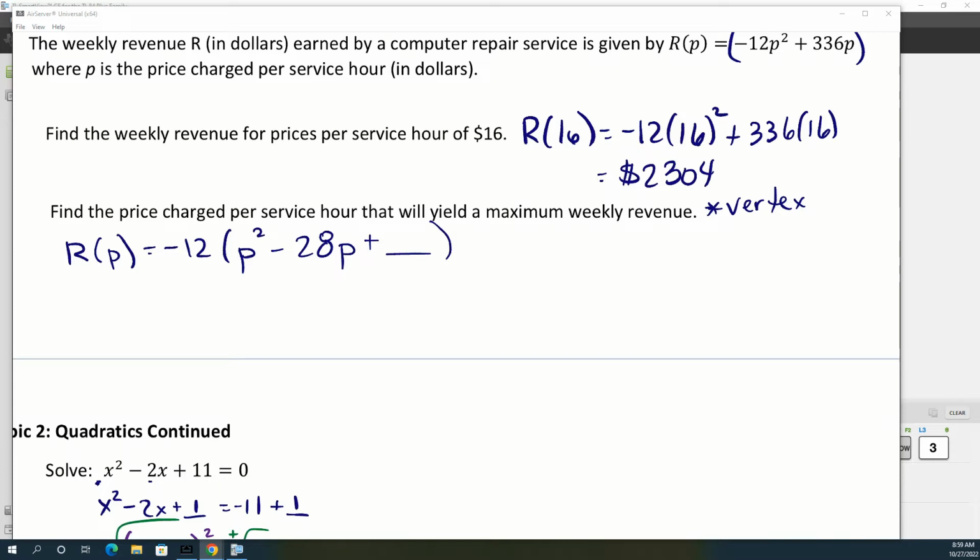All right, now we don't have anything outside there, so we're just going to minus something. We're going to take half of 28, which is 14, and we're going to square that, and we're going to get 196. That's what we're going to add on the inside. On the outside, we're going to subtract negative 12 times 196.